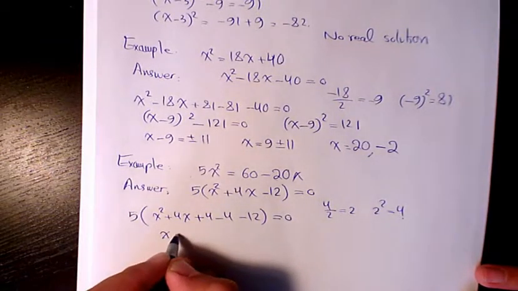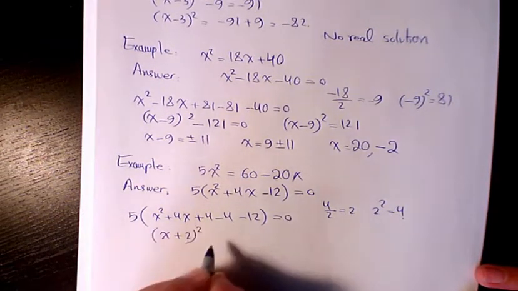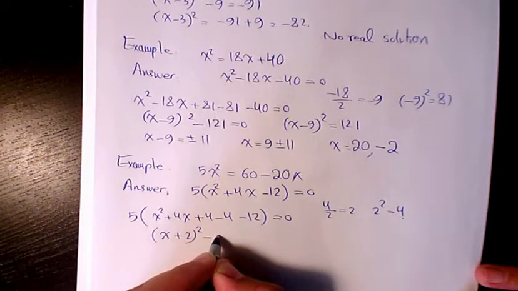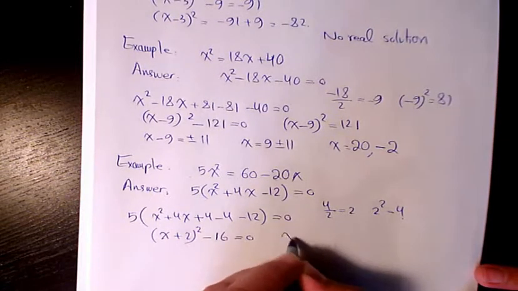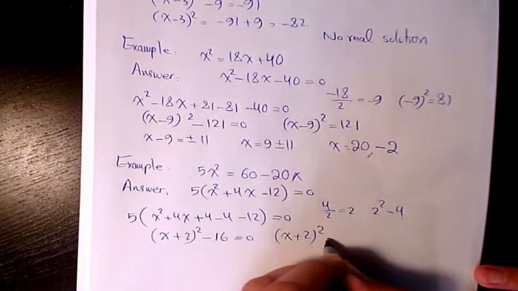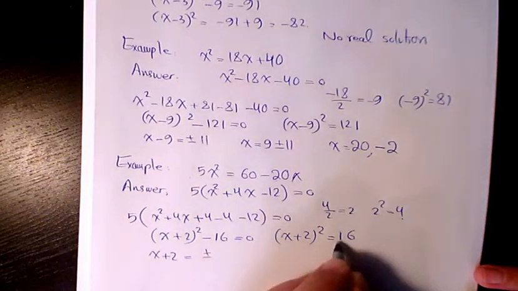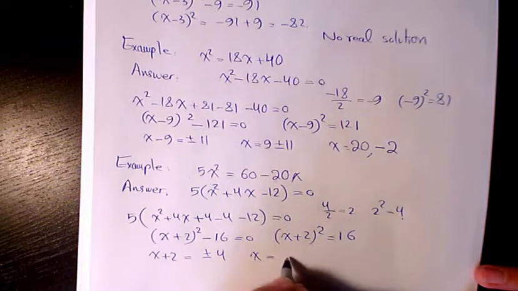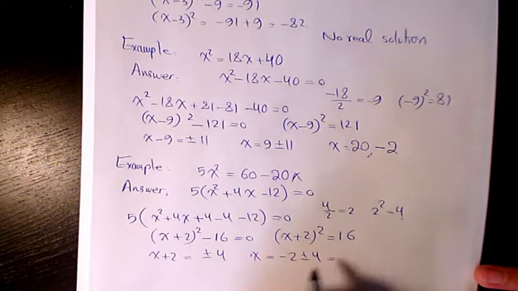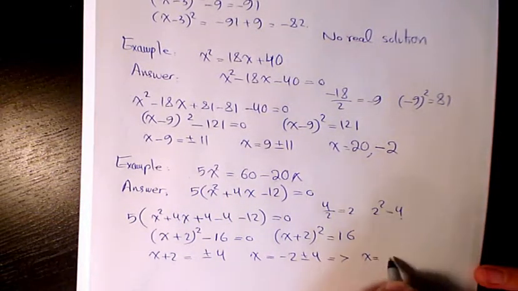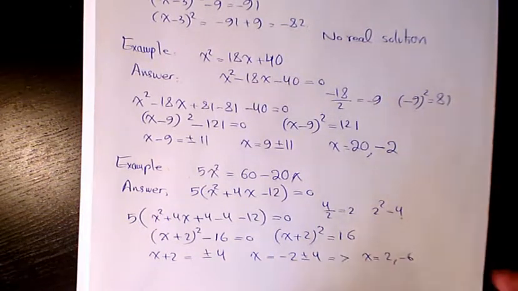So we have (x plus 2) to the power of 2 minus 16 equals 0. So (x plus 2) squared is going to be 16. So x plus 2 will be plus or minus the square root of 16, which is 4. So x will be negative 2 plus or minus 4, which is x equals 2 and negative 6.